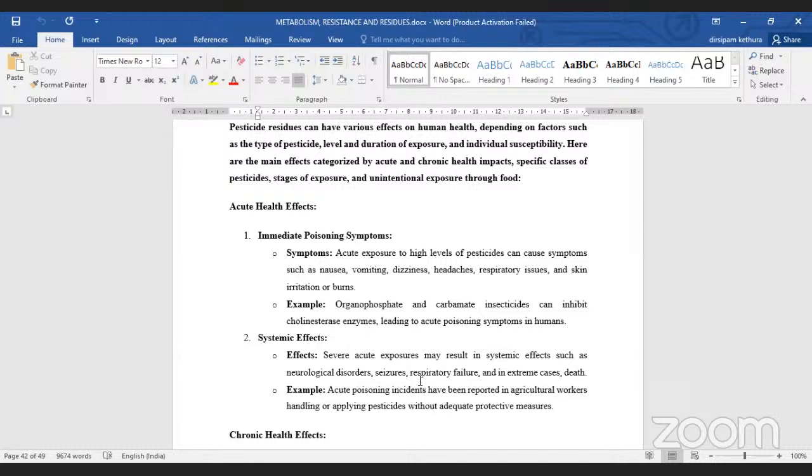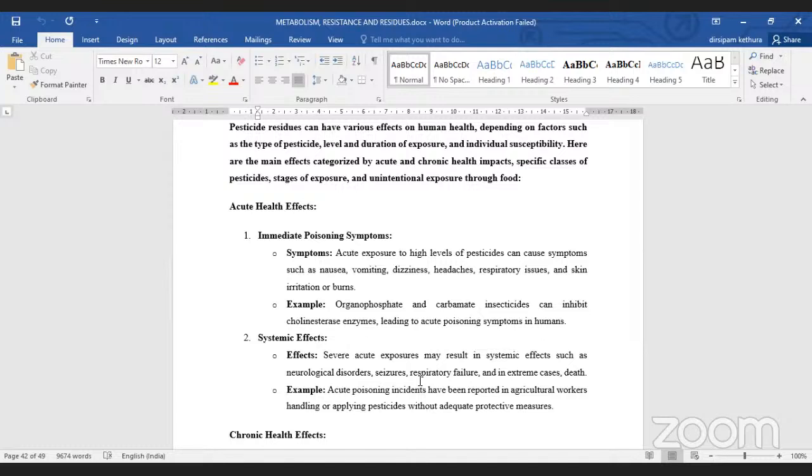Pesticide residues can have various effects on human health depending on factors such as the type of pesticide, level and duration of exposure, and individual susceptibility. The main effects are categorized by acute and chronic health impacts, specific classes of pesticide, stages of exposure, and unintentional exposure through food. The first one is health effects on human beings.